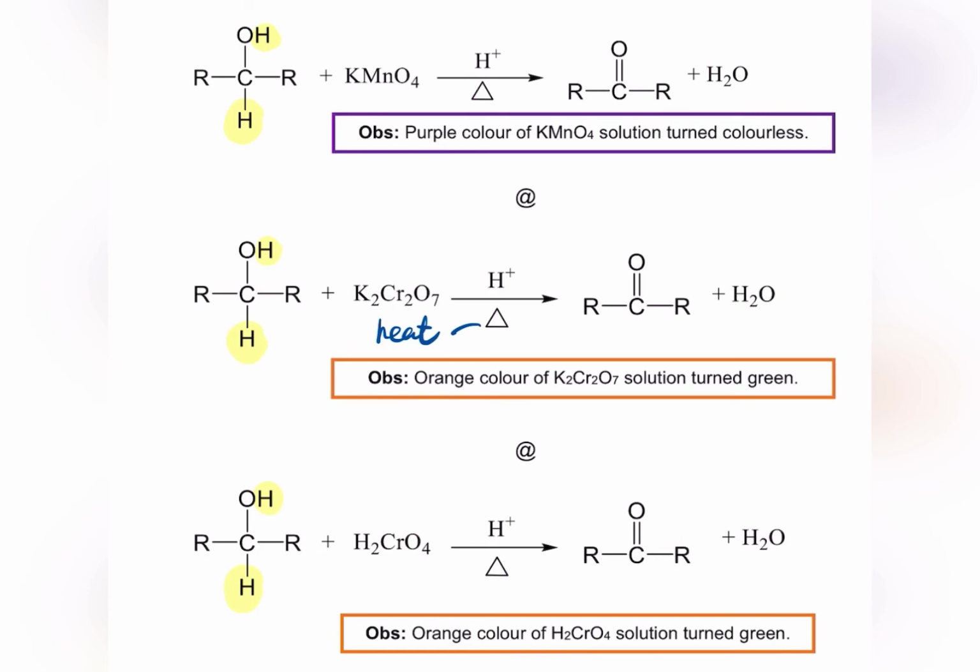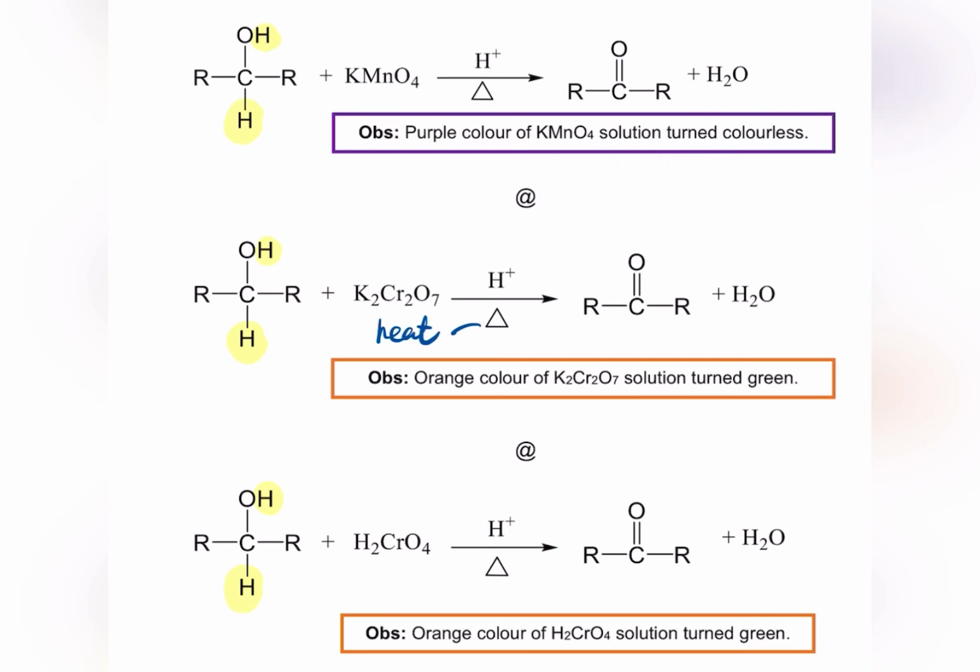The observation for this reaction is different when you use different oxidizing agents, because all of them have different colors. I'm going to focus on potassium permanganate. I suppose all of you should know that the color of KMnO4 is purple. When you produce ketone and water at this product side, it means that your purple solution turns colorless.